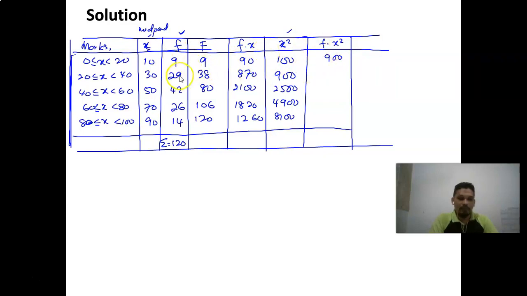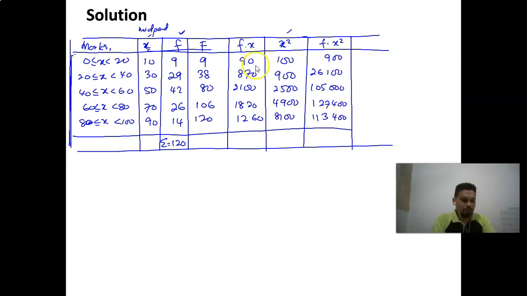Then 29 times 900 equals 26,100. 42 times 2500 equals 105,000. Then 127,400, and 14 multiplied with 8,100 equals 113,400.